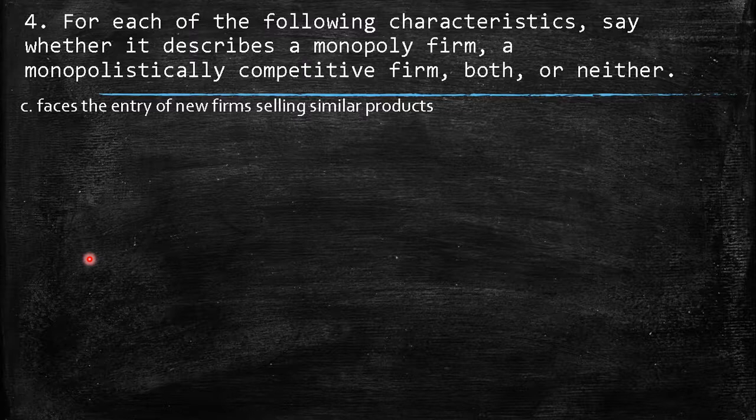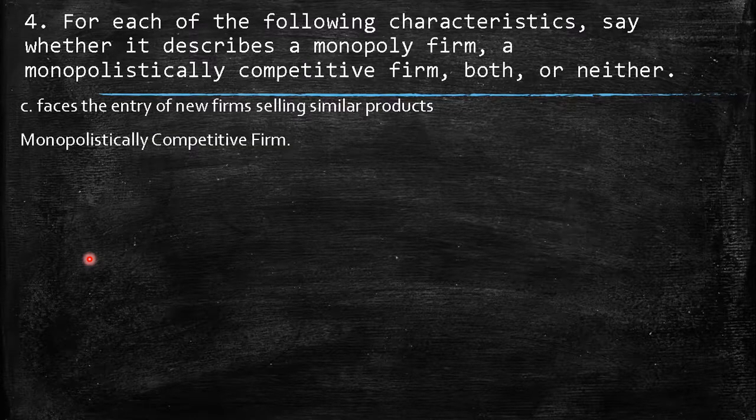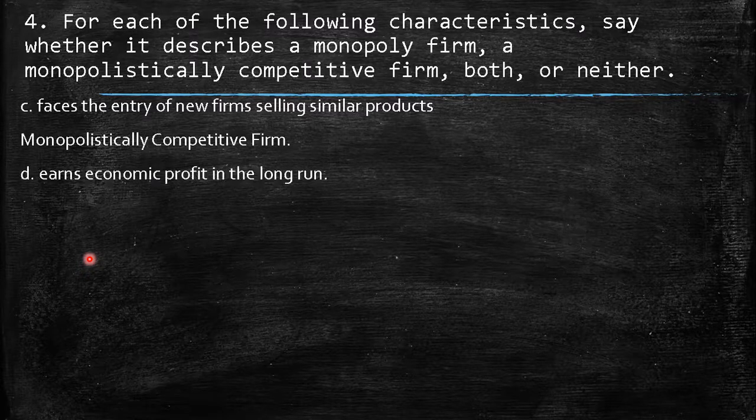Then, faces the entry of new firms selling similar products. We're talking about a monopolistically competitive firm, because the monopoly firm is just one, and if there is another competitor, it shouldn't be a monopoly anymore. Okay, then we are talking about the monopolistically competitive firm. Earns economic profit in the long run.